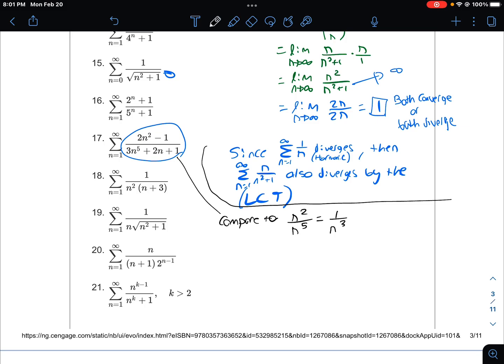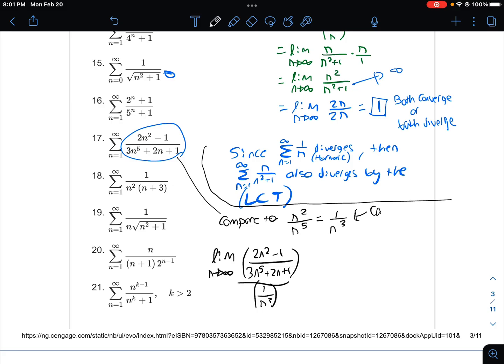So when we do this, we're going to take the limit as n approaches infinity of 2n squared minus 1 over 3n to the fifth plus 2n plus 1, and we're going to divide this by 1 over n cubed. And if this gives us a positive finite number, we know that both are going to converge or both diverge.